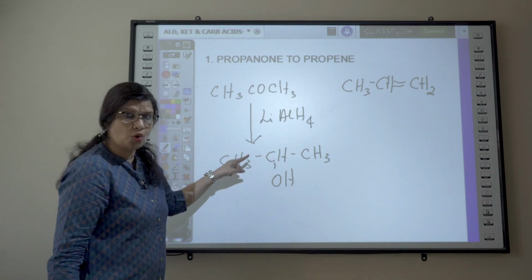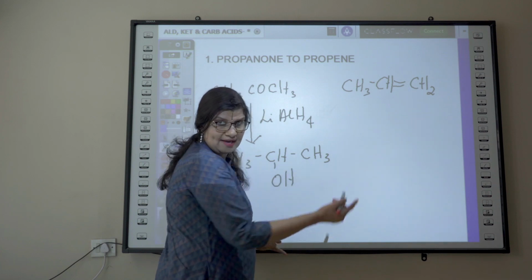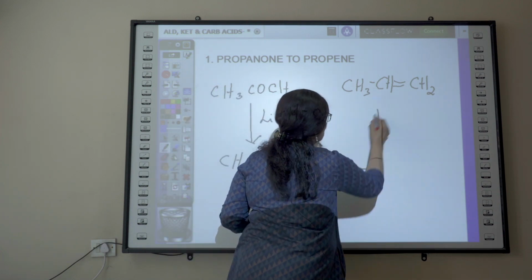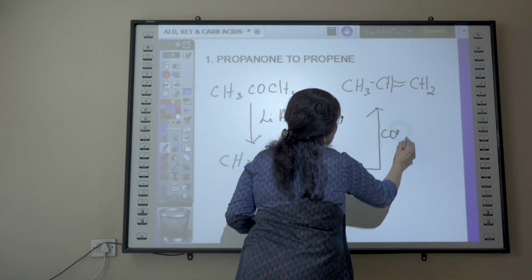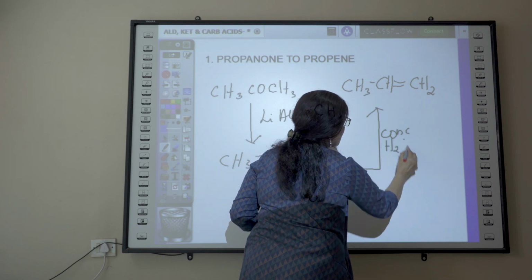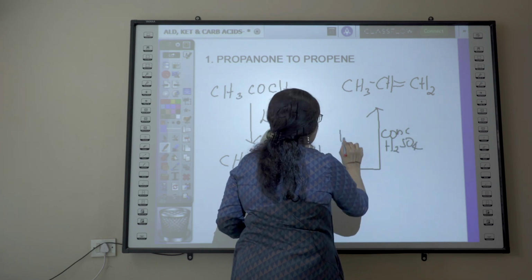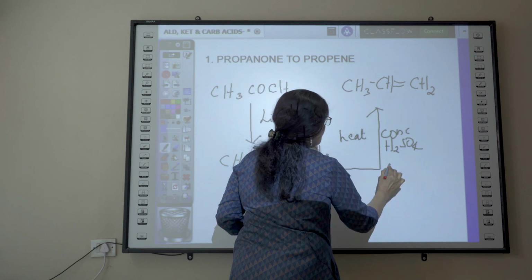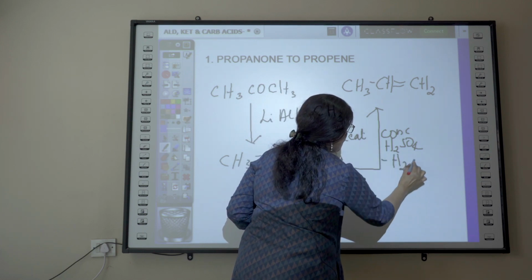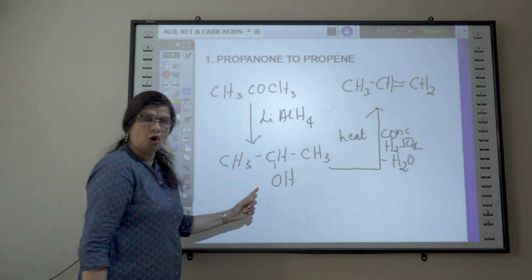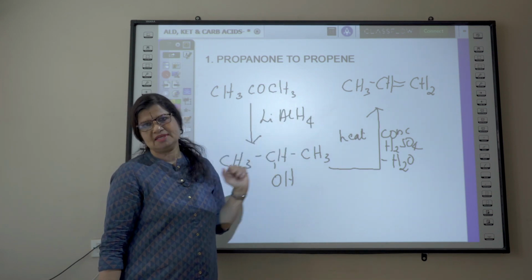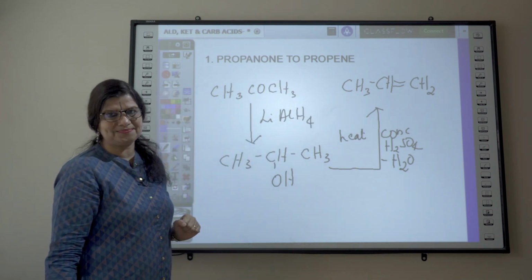Now propan-2-ol, or isopropyl alcohol, when subjected to dehydration using concentrated sulfuric acid and heat, loses a molecule of water to give you propene. It's a very simple interconversion.